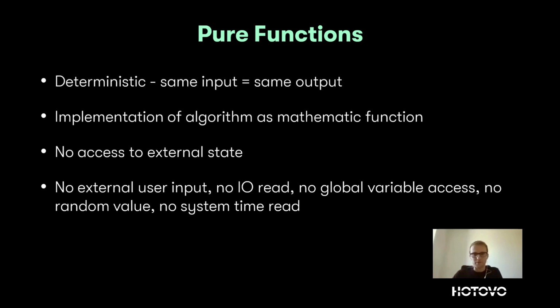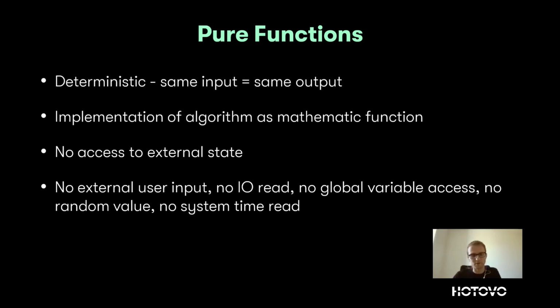What this means is that there's no access to external state outside of the function. All the logic in the function is around the input parameters, their processing and constructing the return value. So the function doesn't have access to the external state.